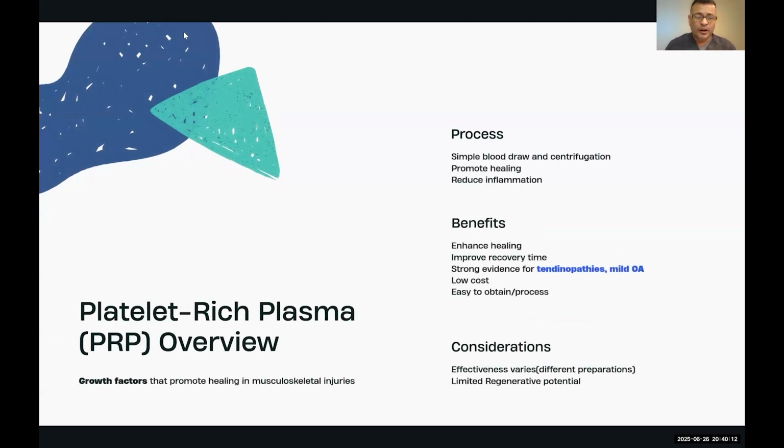Now, what is in the process of platelet-rich plasma, and there are 1,000 different preparations of platelet-rich plasma, which you all need to understand in order to be able to better treat a patient, right? It's not as simple as leukocyte-rich and leukocyte-poor. There are a lot of other components that, if you understand them better, you can sometimes inject a patient with minimal discomfort and obtain the same or even better result. So it's a simple blood draw and centrifugation that will promote healing and reduce inflammation.